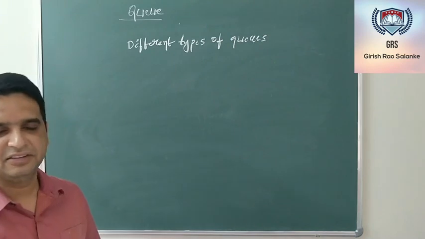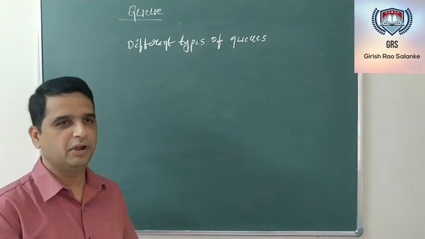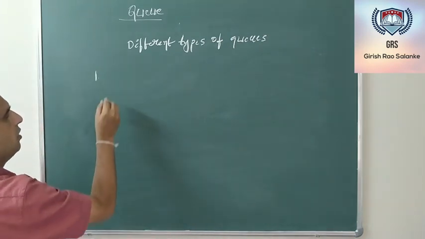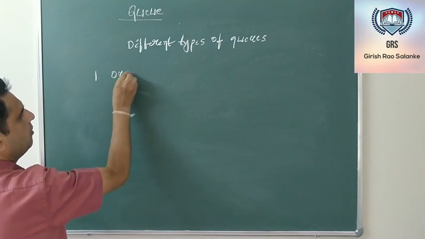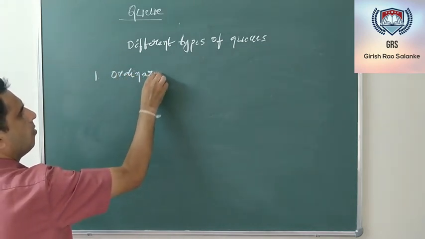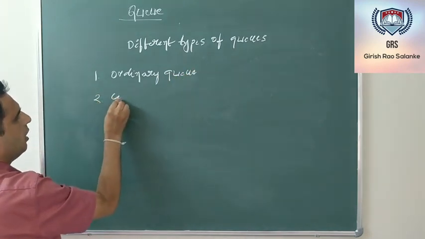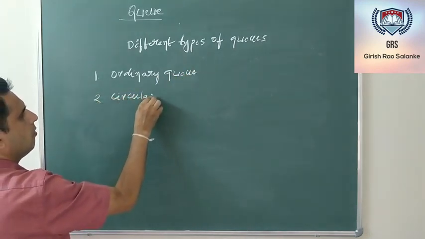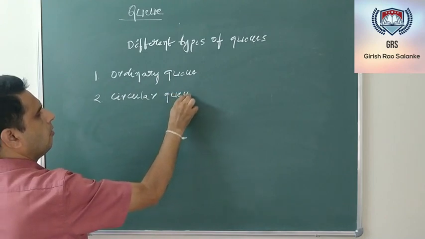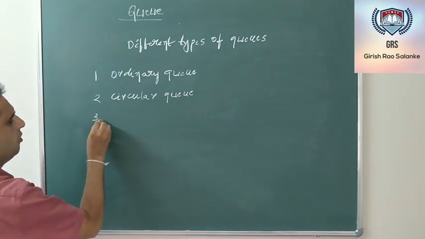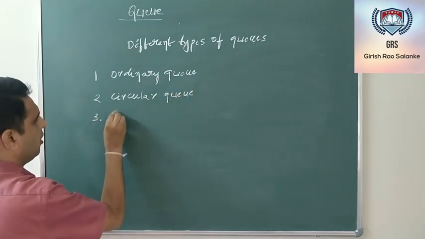We can categorize queues into four different types. The first type of queue, we can call an ordinary queue. The second type, we can call a circular queue. The third type, we can call a priority queue.